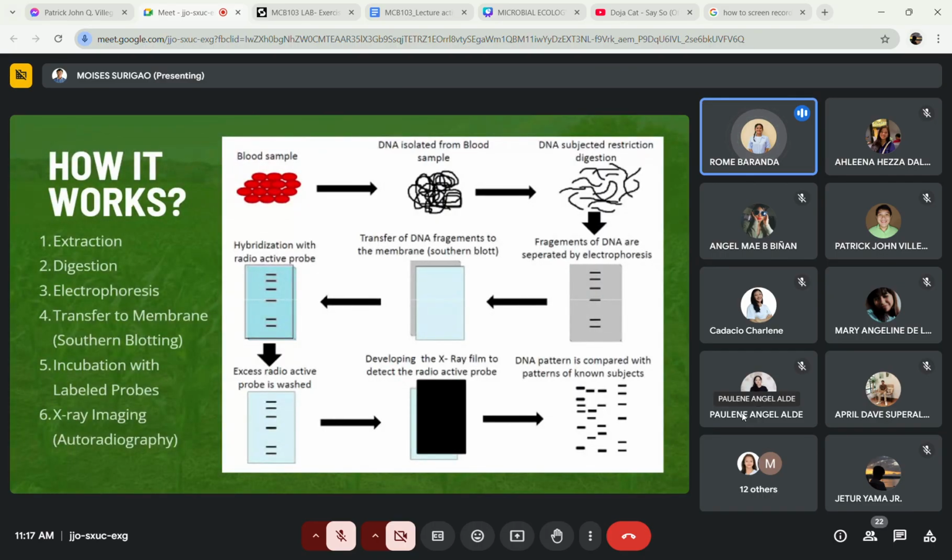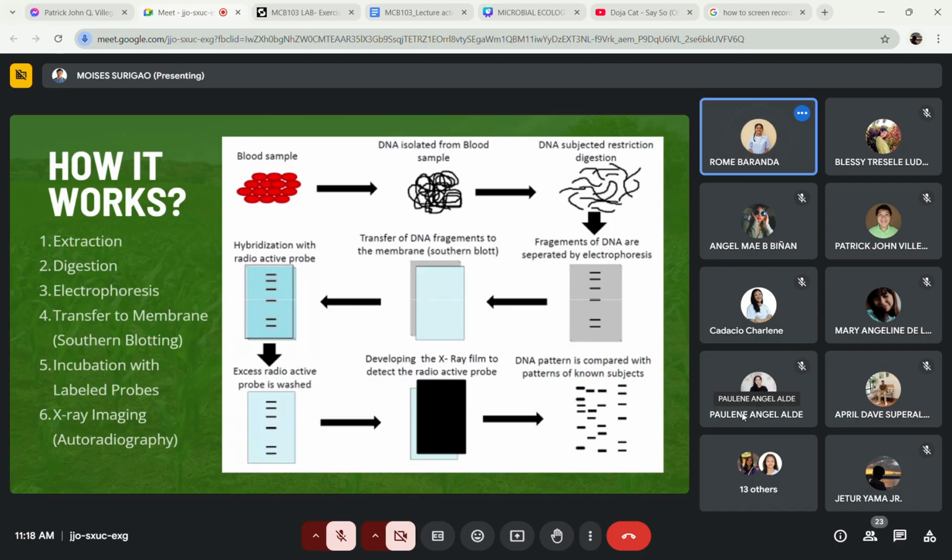Then, after hybridization, yung excess radioactive probe, mawash yan siya. And then after the labeled probes have bound to the DNA on the membrane, an X-ray or another detection method is used to visualize the bands, and this produces an image of the DNA fingerprint, with distinct bands representing different DNA fragment sizes.